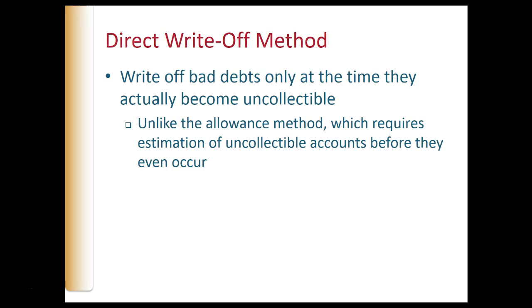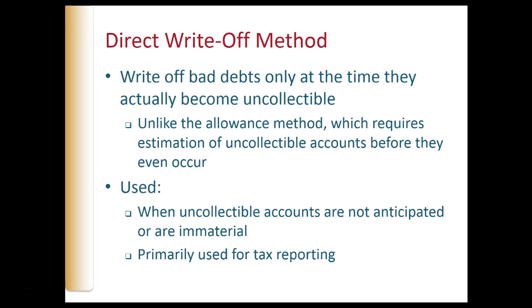Now, the direct write-off method is not, please hear me, is not allowed for financial reporting under generally accepted accounting principles. It is only used in financial reporting if uncollectible accounts are not anticipated or are expected to be very small. The direct write-off method is only used for tax reporting only.